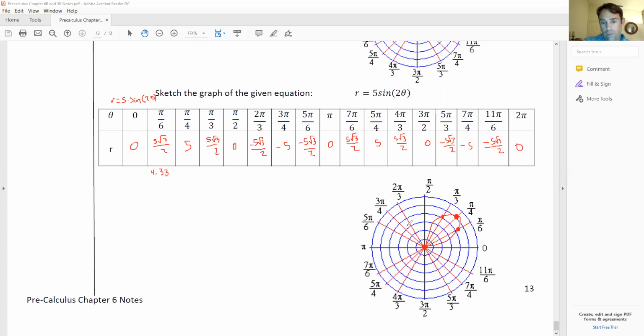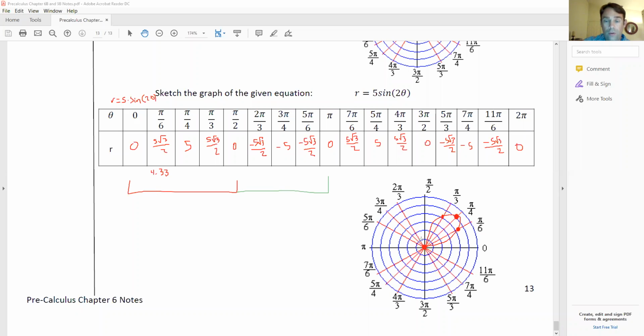So at 2 pi over 3, I went negative 4.33. So that's going to go down. First up, this was the red part. Red. And now I'm going to do green. I've got a feeling I'm going to be back at 0 again, so I'll go green there, just so we can see it.